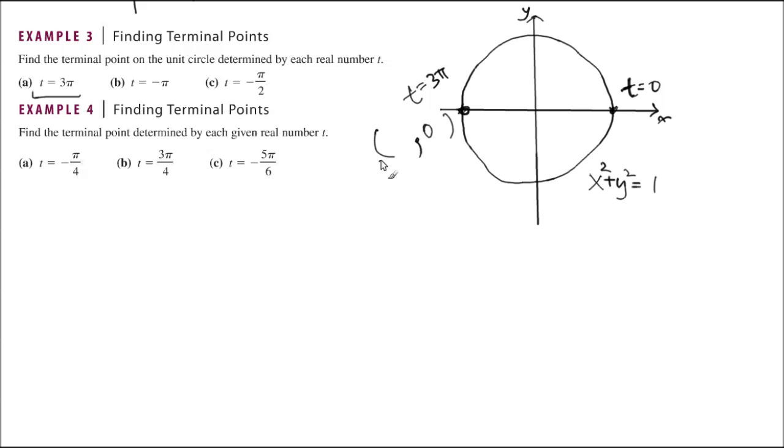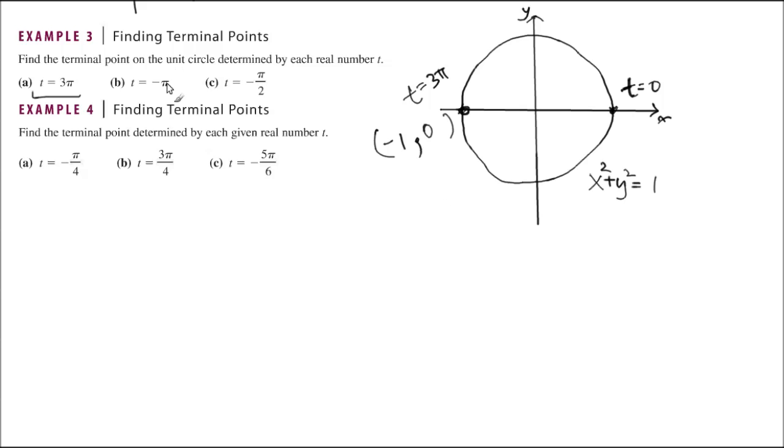X coordinate? Negative 1, because it's radius 1 there. Correct? So after 3 pi seconds later, roughly 9.3 seconds later, that particle is at the location negative 1 comma 0. But it's really 3 pi radian rotation, right?